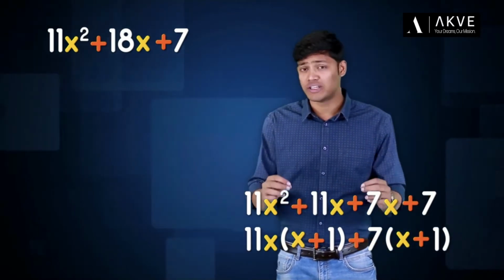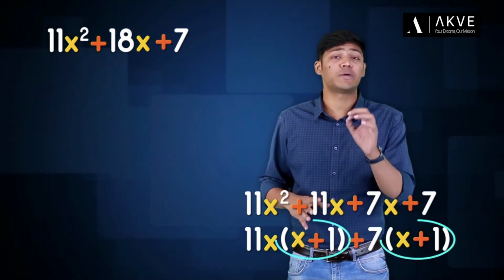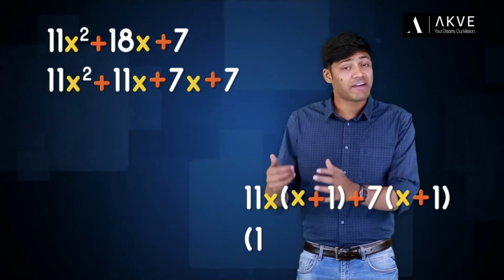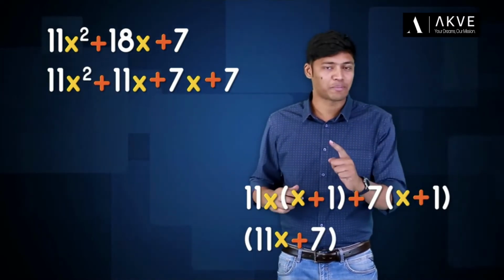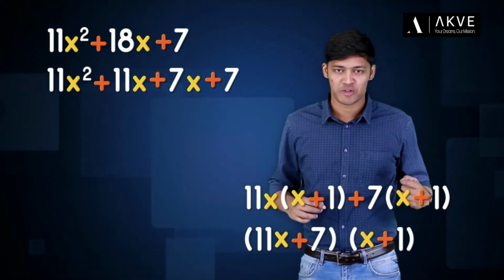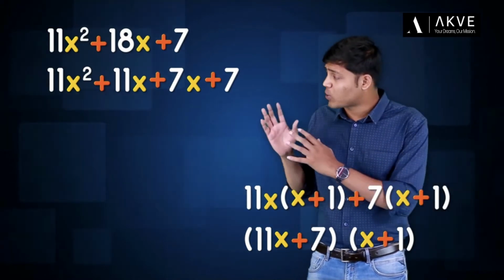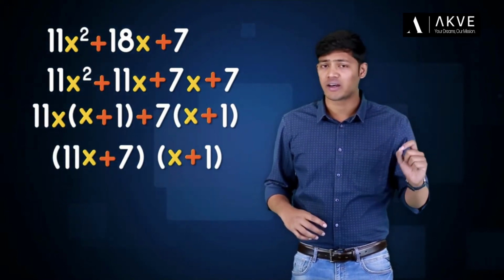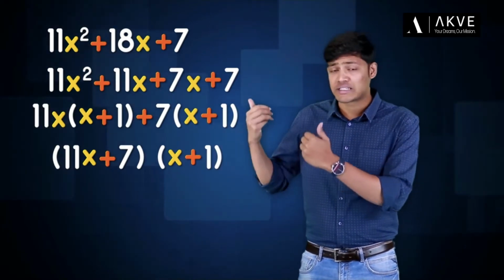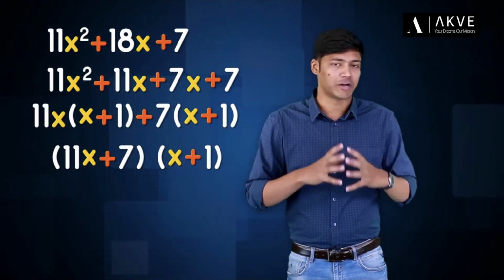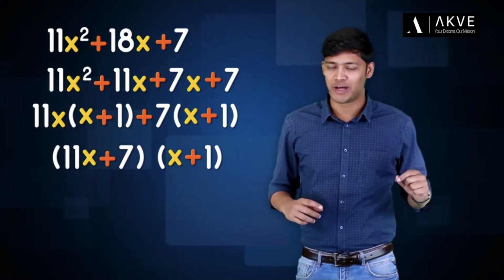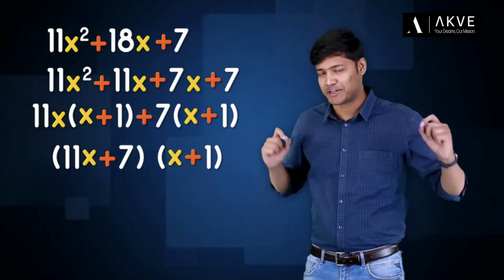Again, from both these 2 terms, if we take x plus 1 common, we get the final expression as 11x plus 7 multiplied by x plus 1. So, the factors of the quadratic polynomial 11x squared plus 18x plus 7 are 11x plus 7 and x plus 1. I hope you understood how to factorize a quadratic polynomial with the help of this method.